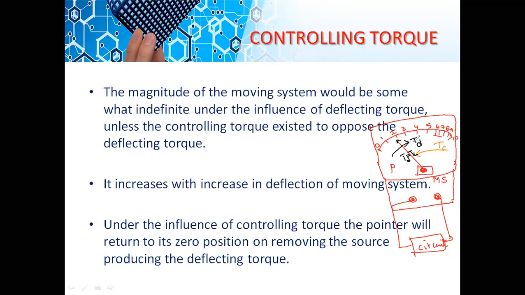Now if deflection torque is 0, say the deflection torque is 0. Now pointer should come back to 0 position. That will happen only when controlling torque is there. So when controlling torque is there and deflection torque is 0, your pointer will come to which position?